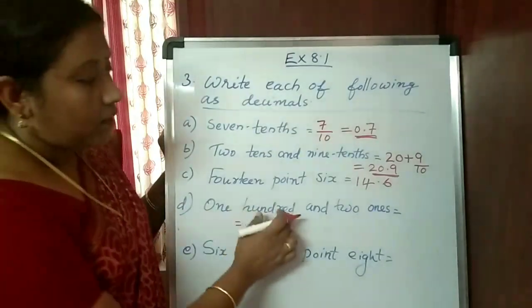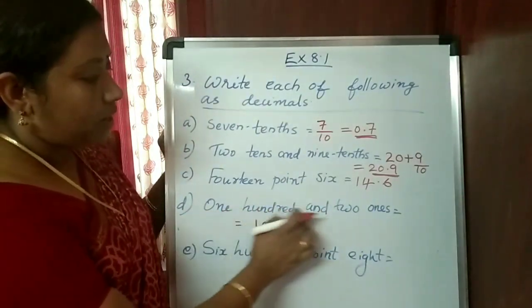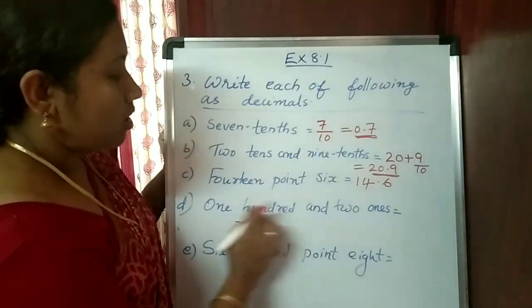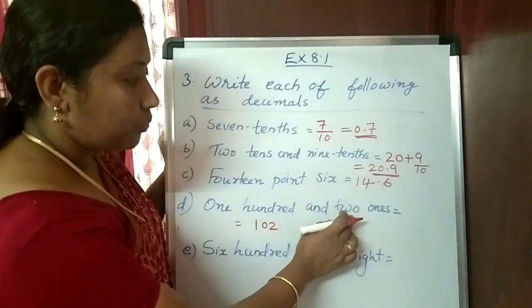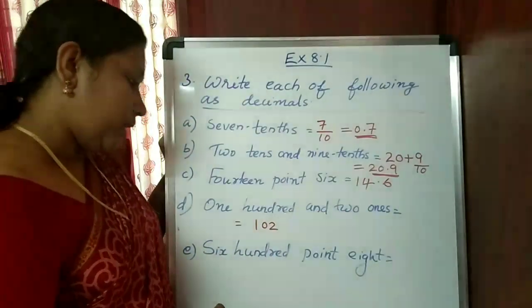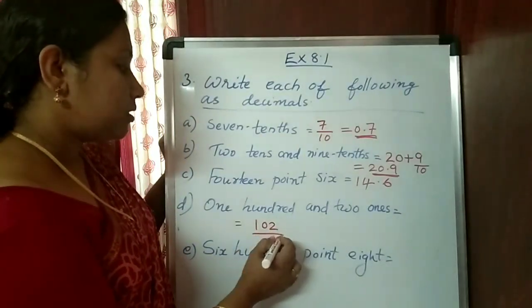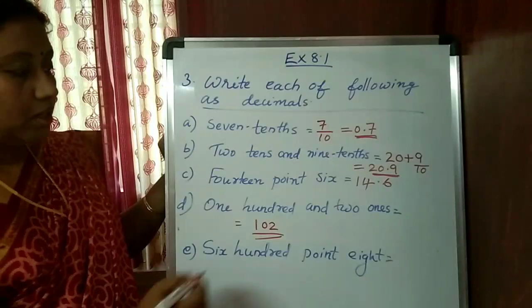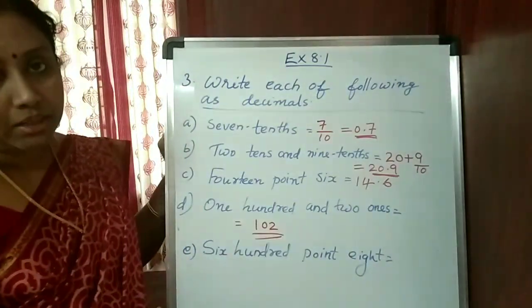So 102. This way you write 102. 102 ones. There are no decimal places. So this is the number 102 ones. There is no decimal part.